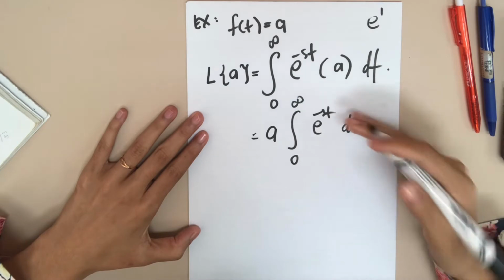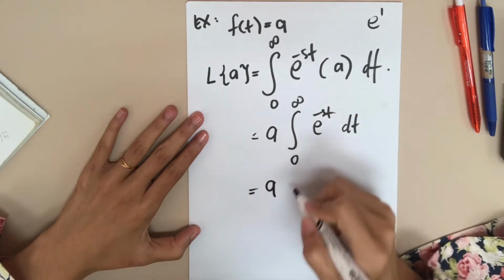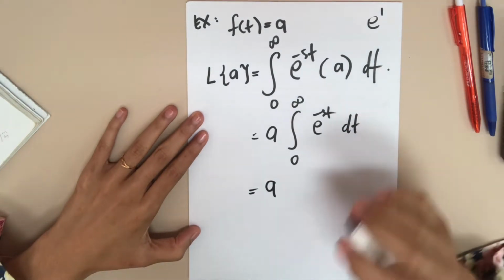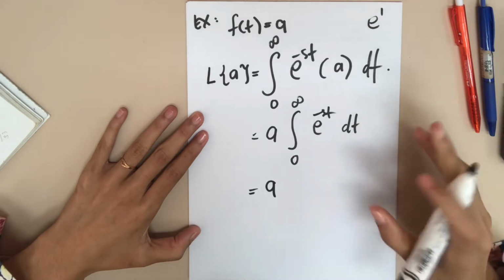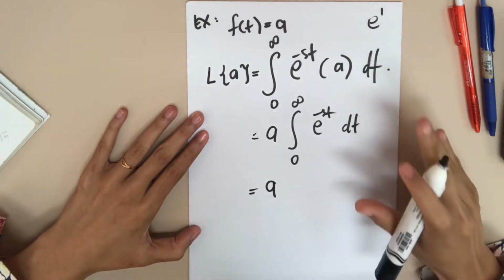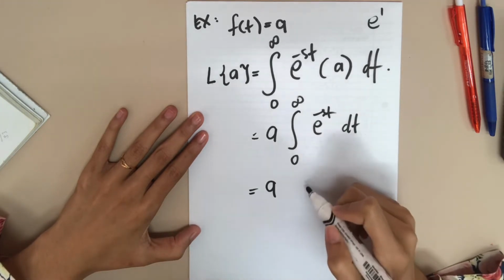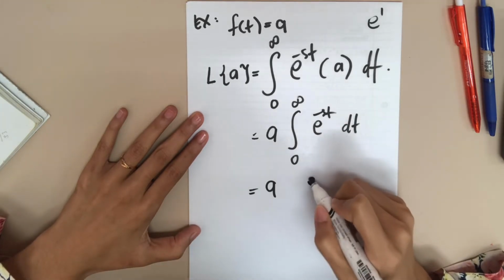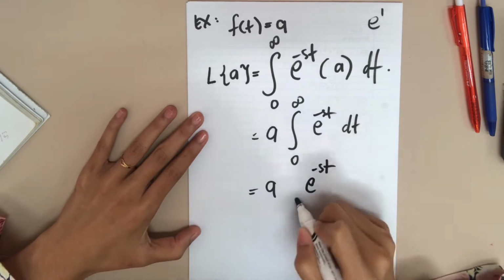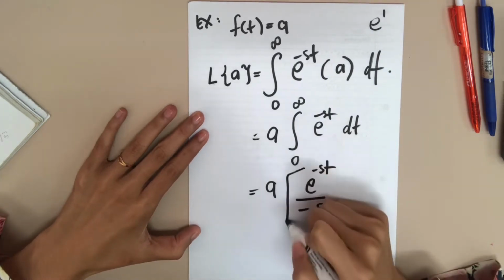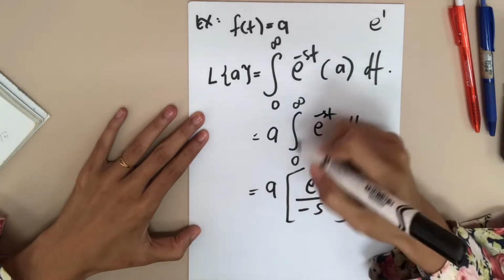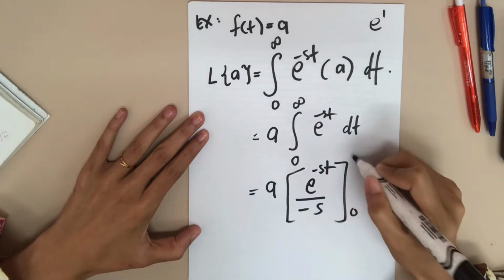So now how to integrate exponential? I don't want to explain in depth, because supposedly you should know already. I just write the final answer here. So integrating the exponential, you will get e to the negative st over negative s. And then you have the limits here, 0 to infinity.